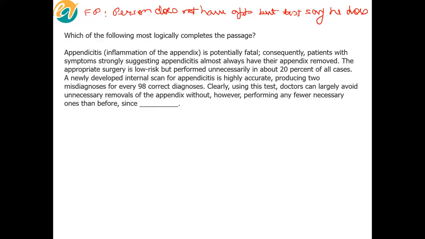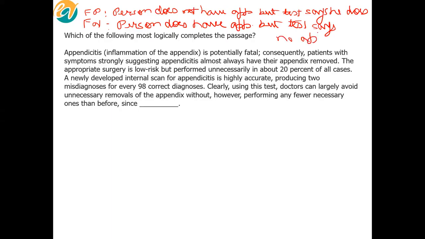False negative. Very nice. So false negative would be that the person does have appendicitis, but the test says, what does the test say? Yeah, the test says no appendicitis.